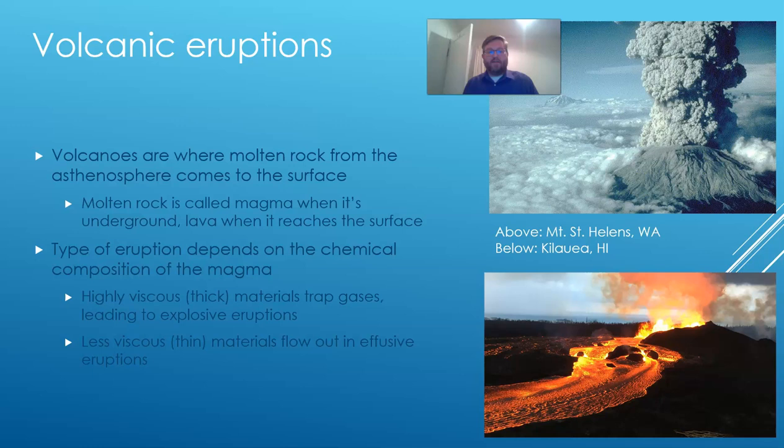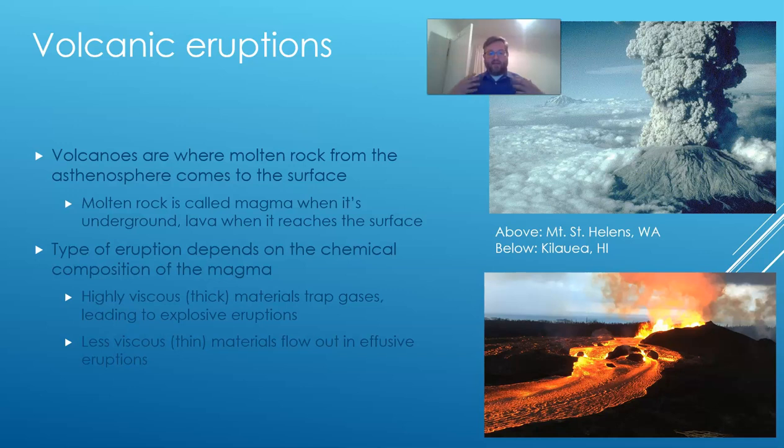The other type of eruption is what we call an effusive eruption. And that's what you see in the lower picture. That is Kilauea, one of the volcanoes in Hawaii. You see there that as the lava is leaving the main vent, the main spot that it's coming out of, it's just flowing like a river down the side. It's not blasting into the sky like Mount St. Helens.